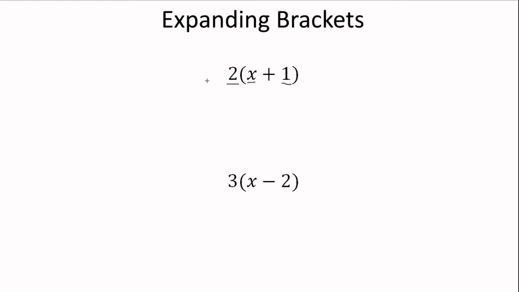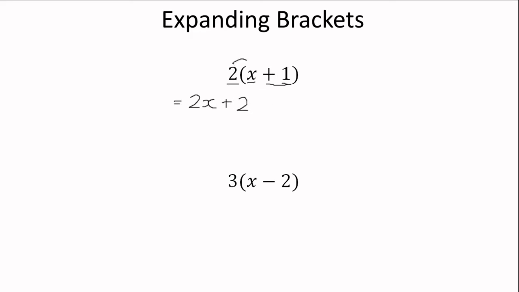In order to expand this out, you do 2 times x first, which we know is 2x, and then 2 times plus 1, which is just 2. We carry the plus over and have it as plus 2.